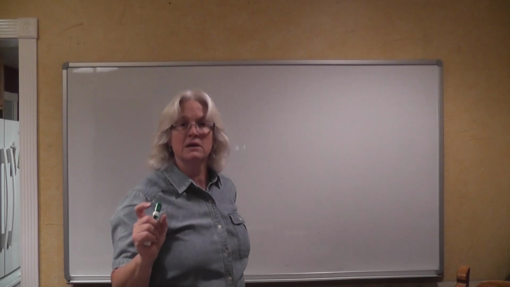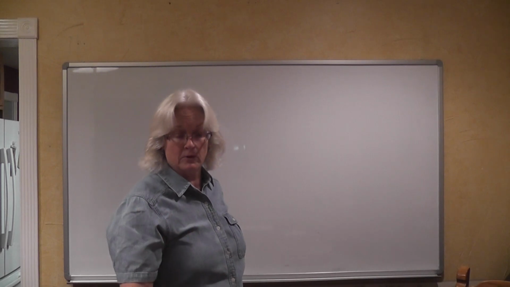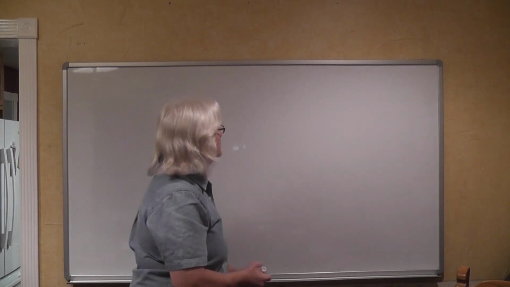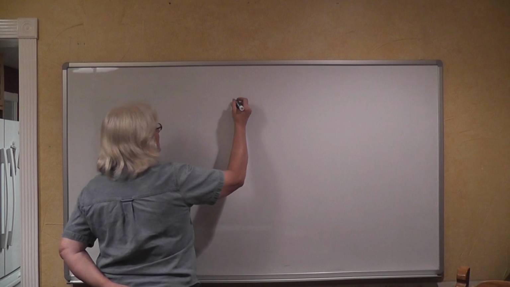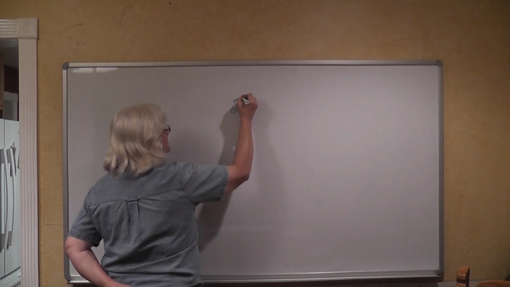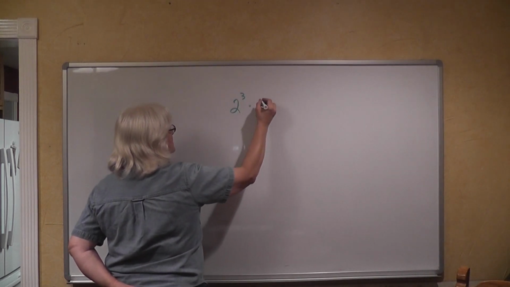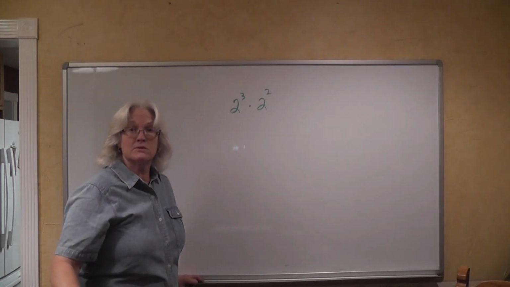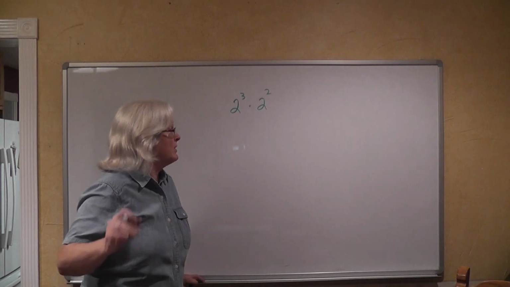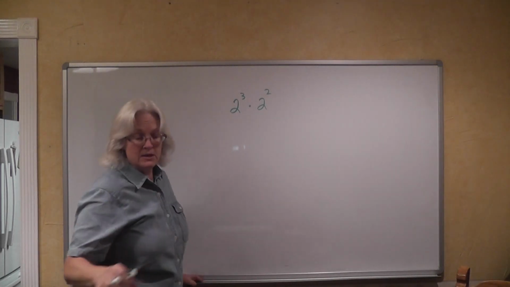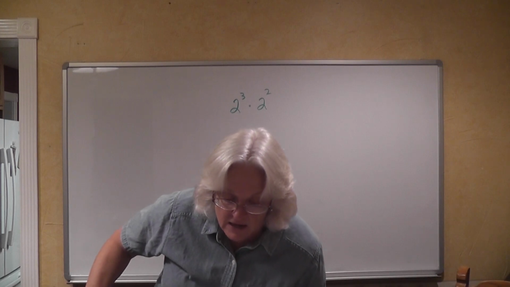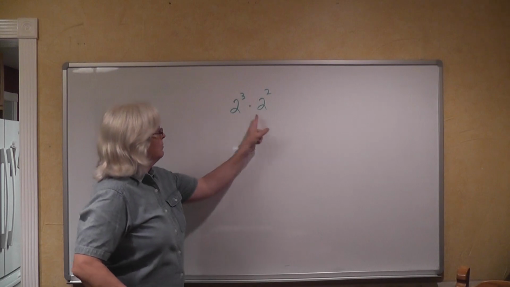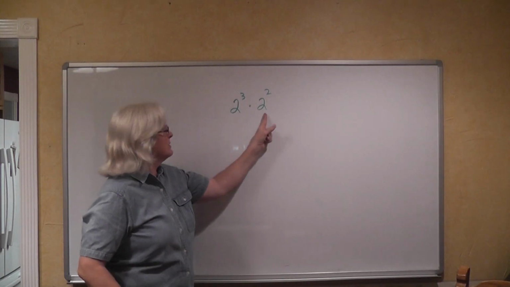Now there's a key piece of information here that you might trip over. Top of page 155, it says to multiply powers with like bases. Like bases means it has to be the same base. Let's say that we have 2 cubed times 2 squared. What they say is that you can simply add the exponents. So, what do we get when we add the exponents here?